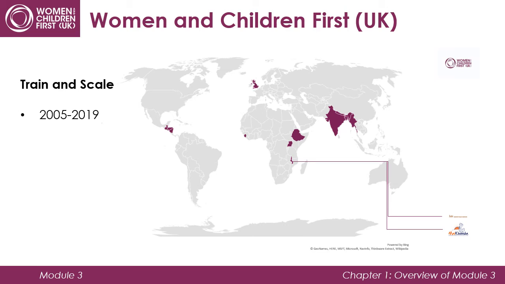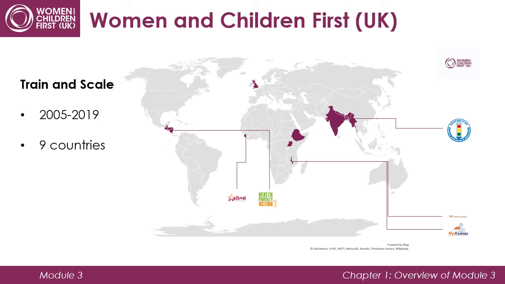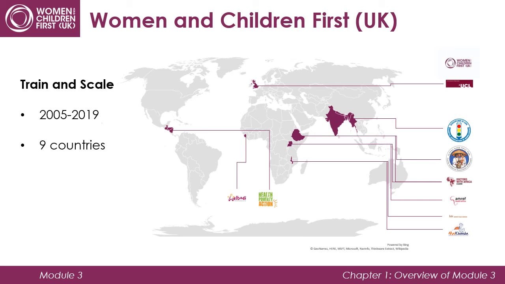Between 2005 and 2019, Women and Children First trained partners and supported scale-up in 2 original countries, Malawi and Bangladesh, and with partners in 9 further countries, El Salvador, Guatemala, Honduras, Nicaragua, Sierra Leone, UK, Uganda, Ethiopia, and Myanmar.